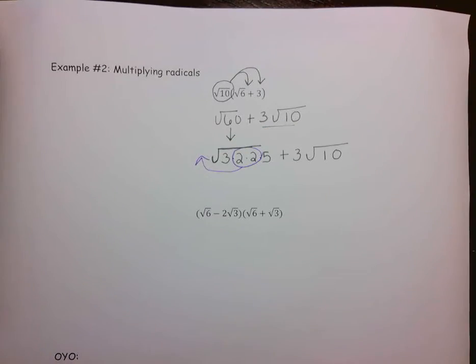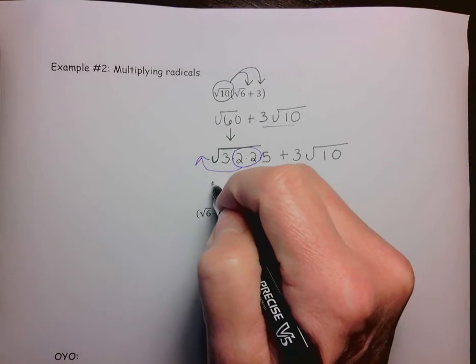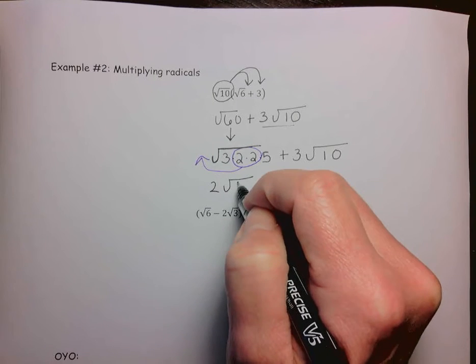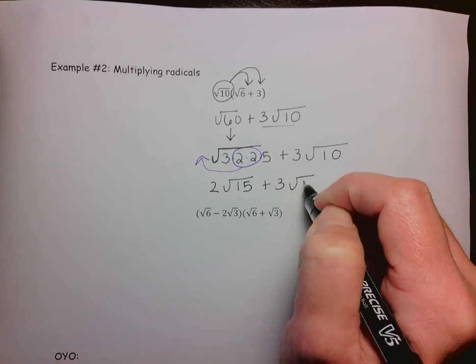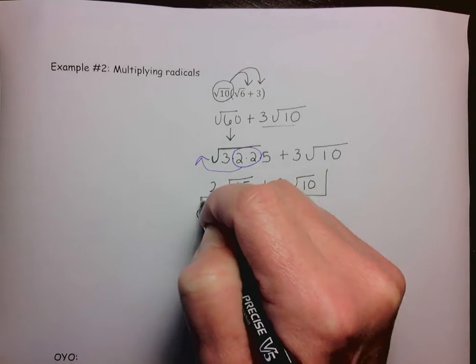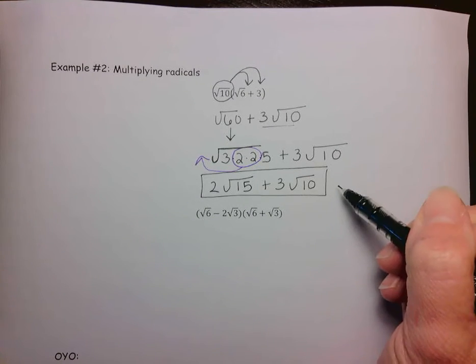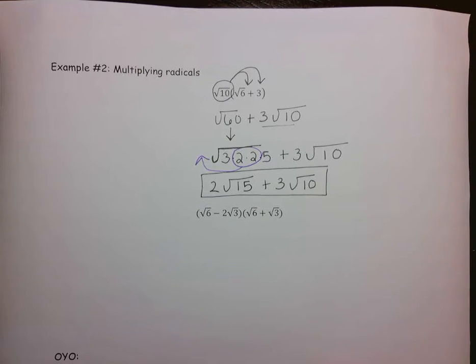I have a pair of 2's. And so now this is my final answer, because now I'm finished. There's nothing I can combine, and there's nothing I can simplify.